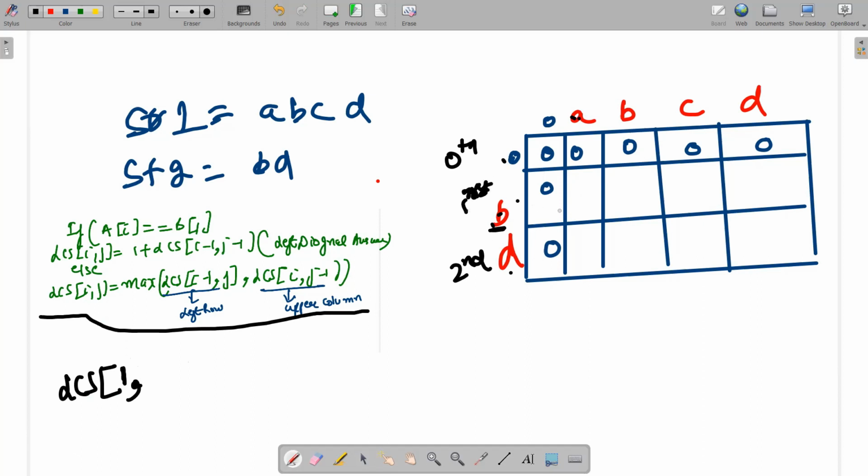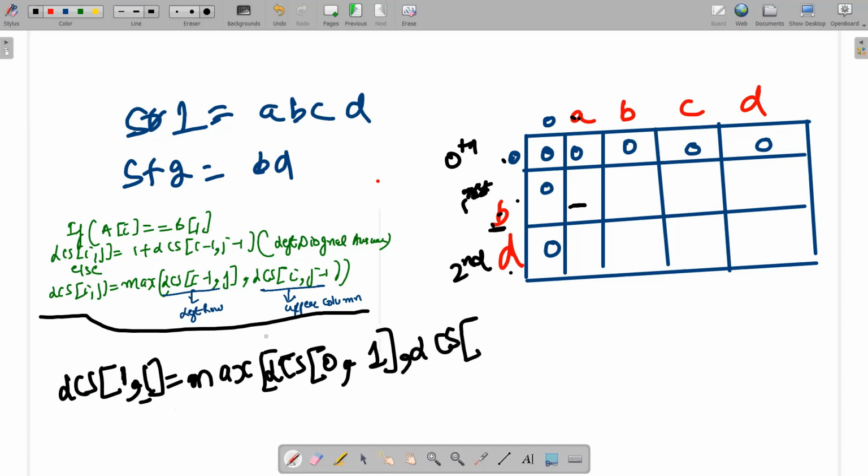So LCS 1, 1 I have to calculate, and this answer would be the maximum of LCS of i minus 1, which means 0, with j value 1, comma LCS of i value 1 and j value 1 minus 1, 0.